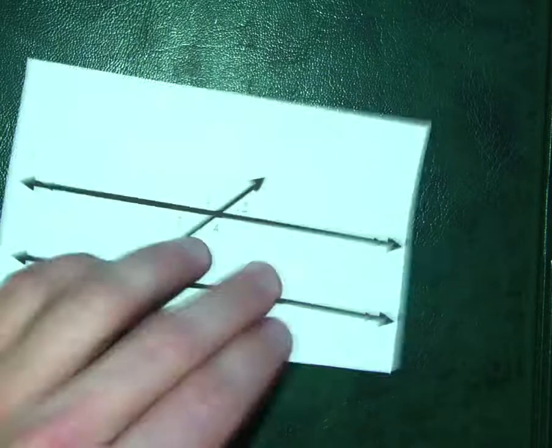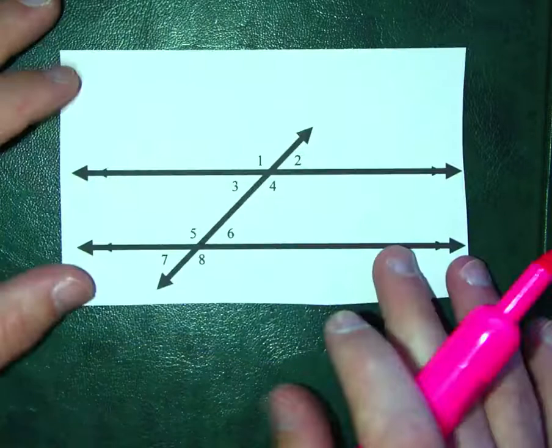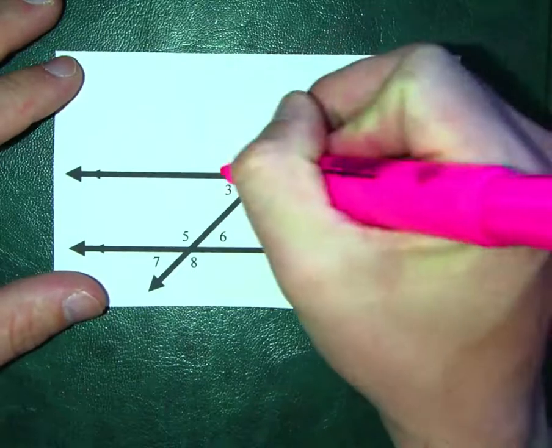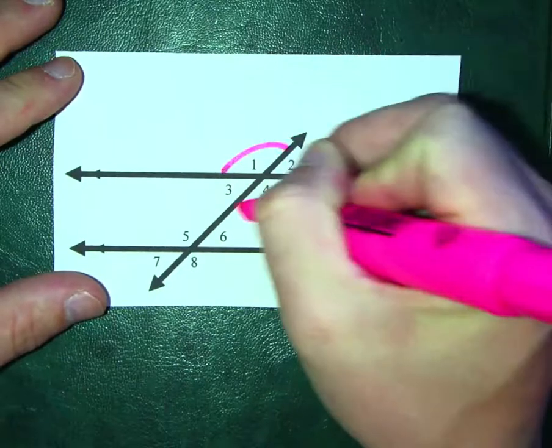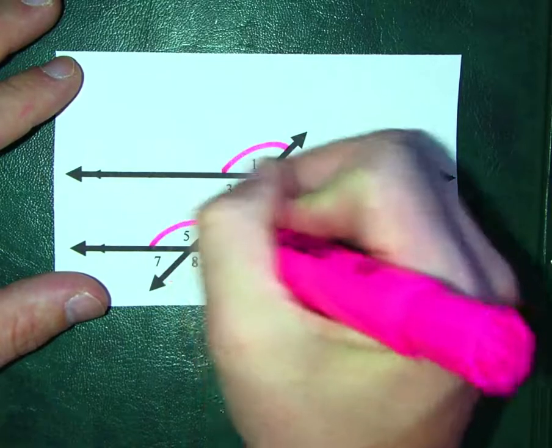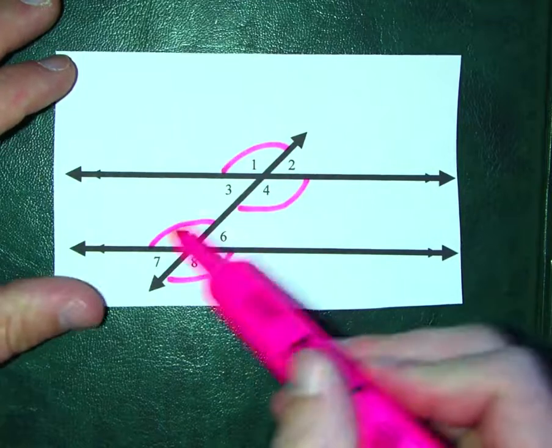So I'm going to take this right here. I'm going to go ahead and highlight all the obtuse angles. I know those are congruent because they're vertical. These are congruent because they're vertical, and these look to me to be about the same.